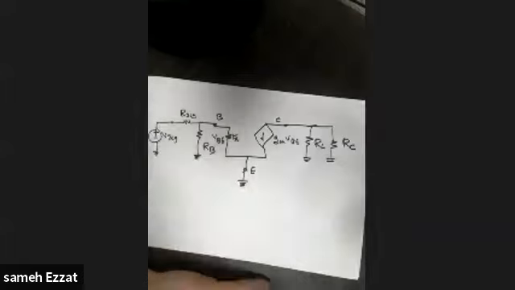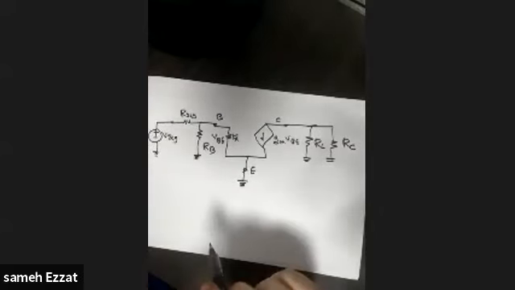Now, what is required from me? What should I do? Here we have three basic requirements. You have to calculate the input impedance or the input resistance, the output resistance, and the gain. Let's start with the input resistance. If you examine the question in the slides, you will find that there is an arrow here.